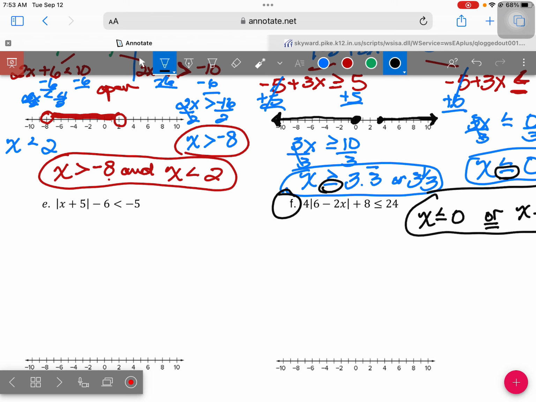And then bring down this 4 times absolute value, and we want to get the absolute value by itself. This is 4 times this, so you're going to divide. You always want to do the opposite. So divide by 4. On this side, divide by 4. 4 simplify out. So now bring down your absolute value on the left.